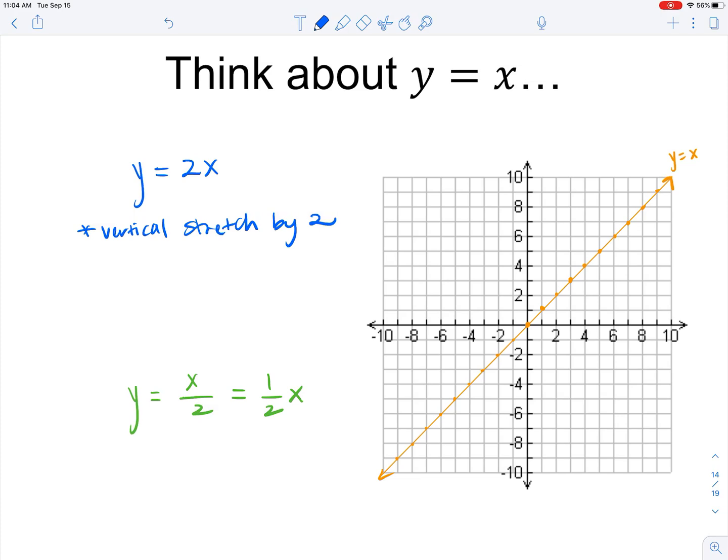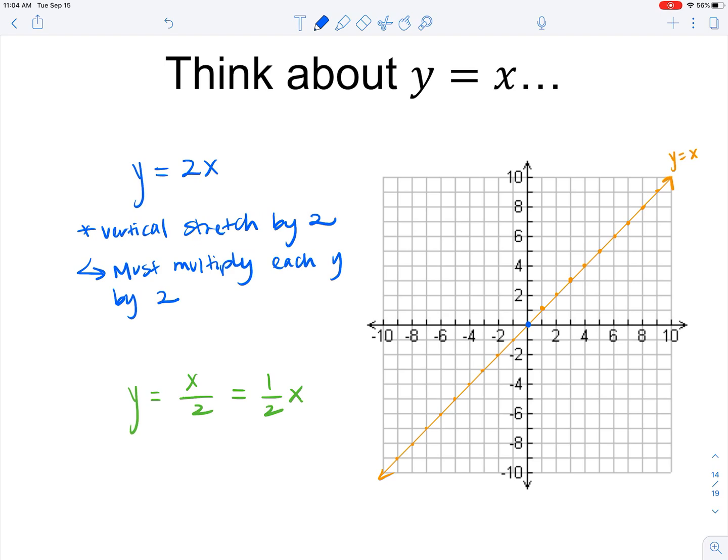And what that means for actually graphing is that we must multiply each y-coordinate of the parent function by 2 in order to have the same x as the parent function. So the point (0, 0), if we multiply the y-coordinate there by 2, stays the same.